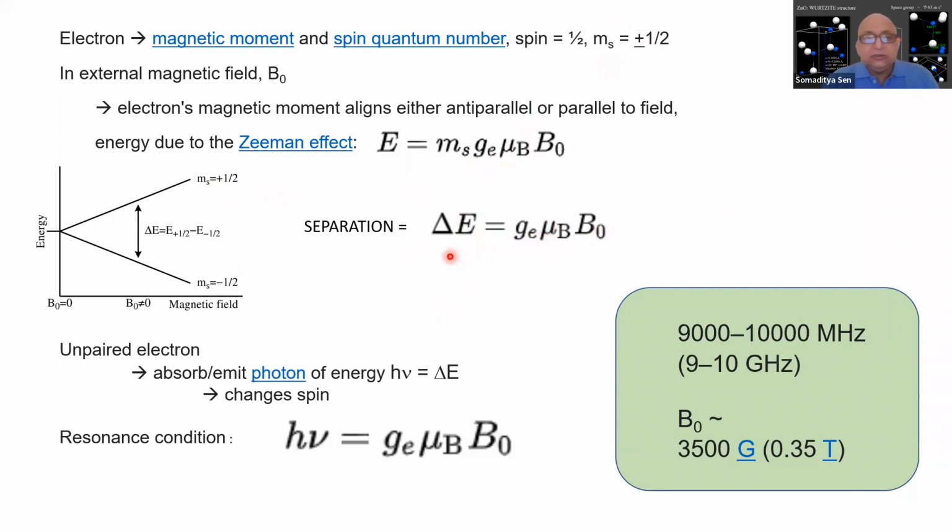Okay. So now suppose you try to perturb the state by using a photon. An unpaired electron can be in both these states. So if you perturb the system with an external photon, what will happen? It can absorb that light, and if that energy is equal to this delta E, then it will give you a change of state. So the resonance condition is obtained if hν is equal to the change of this energy.